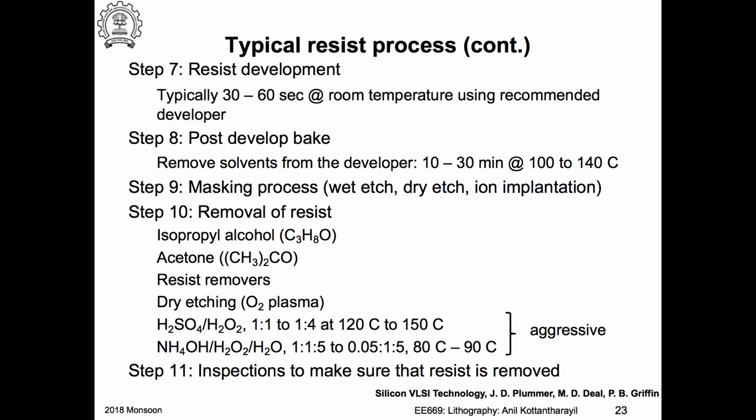For example, if I use dry etching, dry etching essentially is done in a plasma. In a plasma, the photoresist may become denser, or might have gone through some chemical reactions with the free radicals and other things in the plasma.